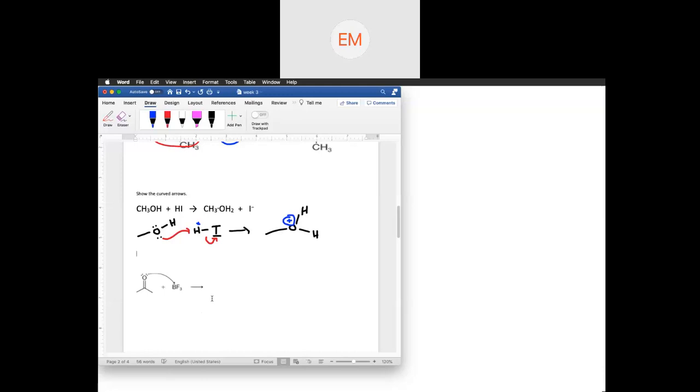This is very important to remember, because if you start the arrow from the hydrogen and put the arrowhead on the oxygen, that means the hydrogen attacks the oxygen, which doesn't really make sense. So you want to start from the oxygen and attack whatever you're attacking. Keep that in mind.